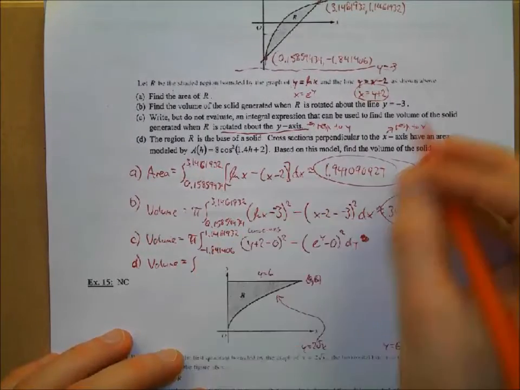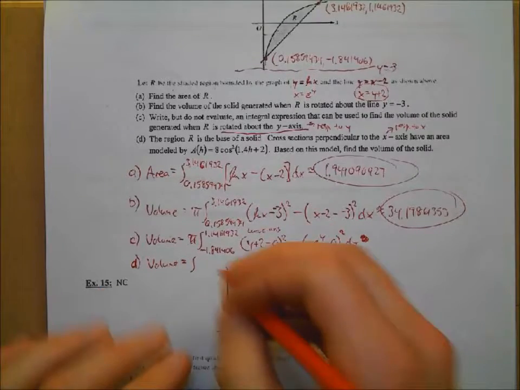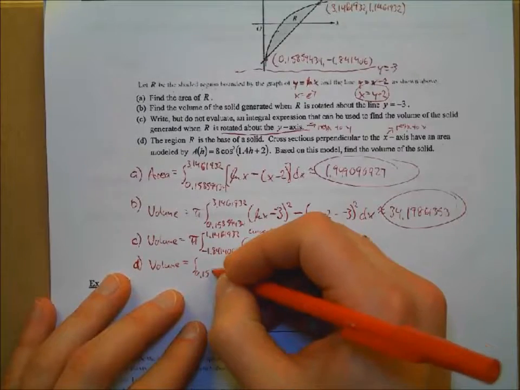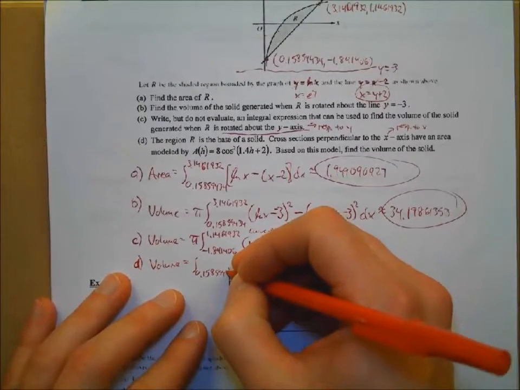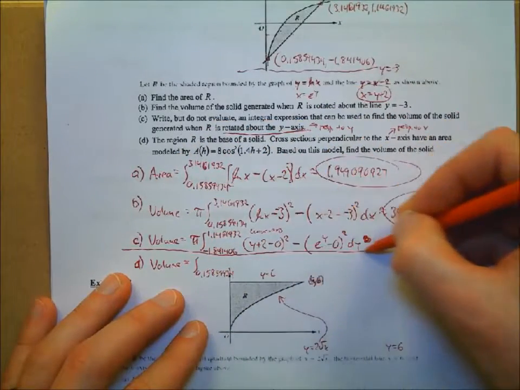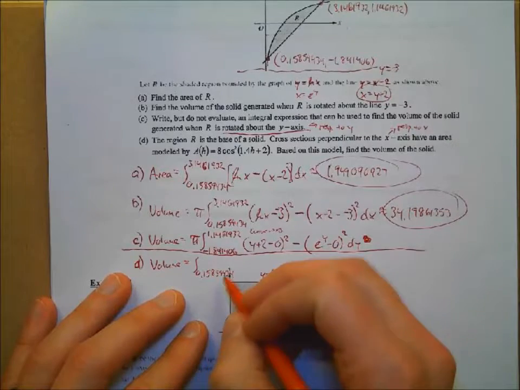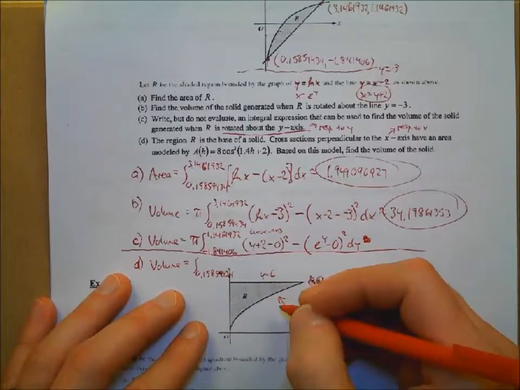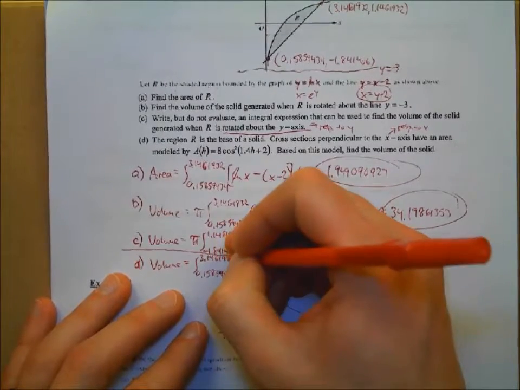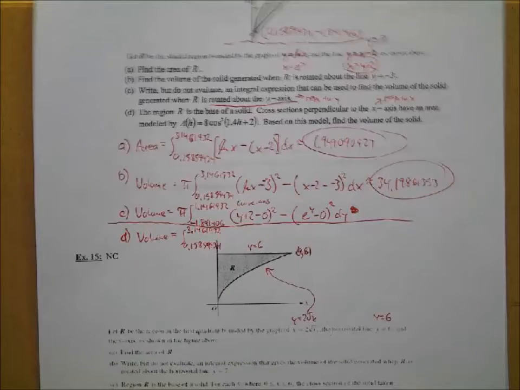Again, it's with respect to x, so that means we're going to use our x limits of integration. Well, there would be no pi here. We're not rotating, so we don't need to put a pi in front.